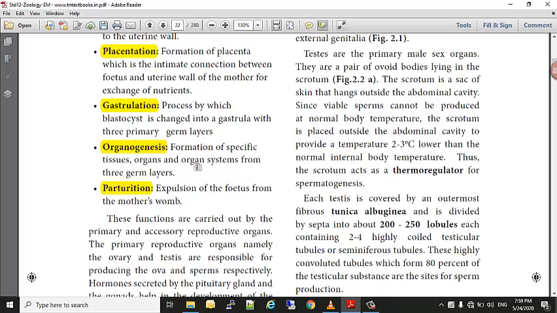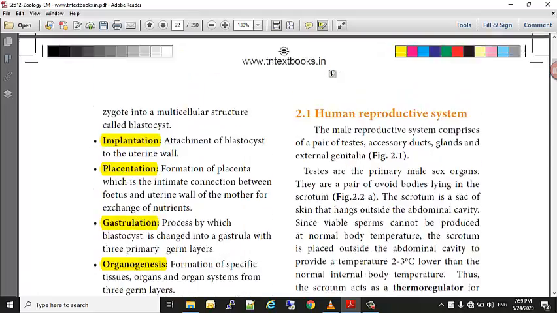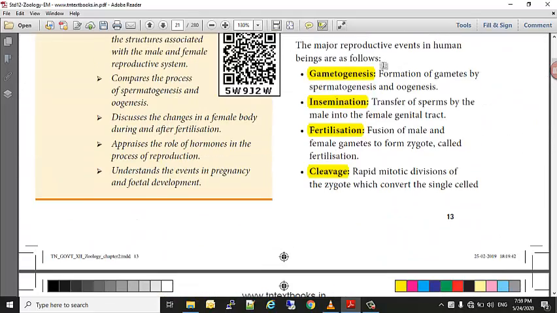Now one by one, let us be very clear about all these events. Before going into gametogenesis, the first event, gametogenesis means gamete formation, so we must understand where the gametes are formed. They are formed in the human reproductive system.